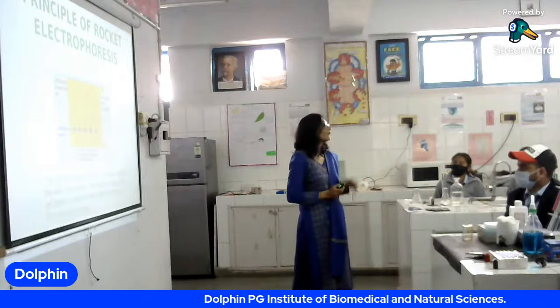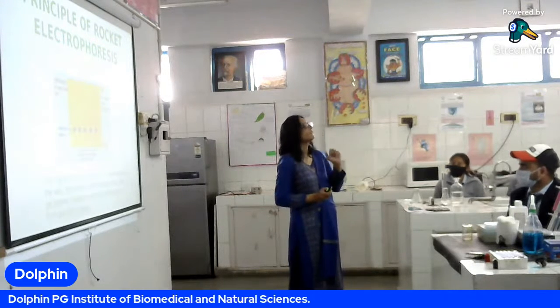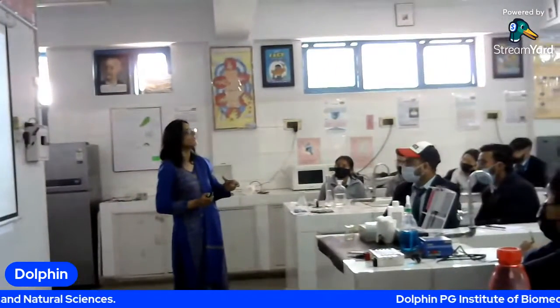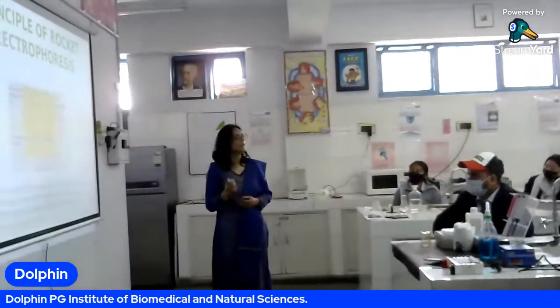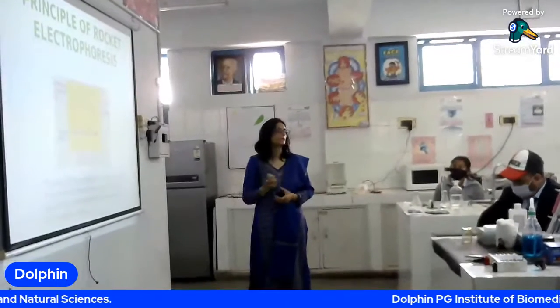Standard means we know, हमें पता है, वो already हमारे पास है. कितना उस preparation में कितना antigen है, that is already known to us. So in some wells, say in 3 wells, we are going to load our standard antigen followed by the sample. Okay.